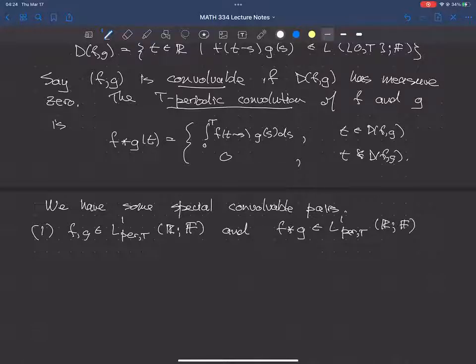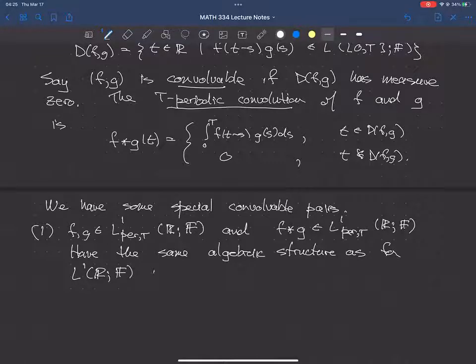We have the same algebraic structure as for L1, with one exception: you have associativity of the convolution product.